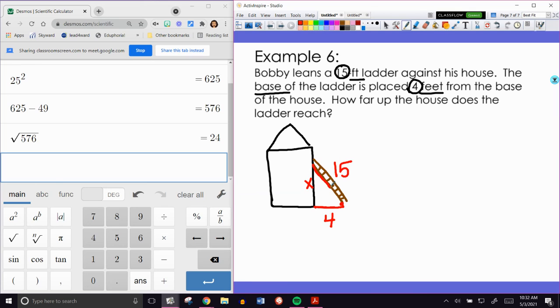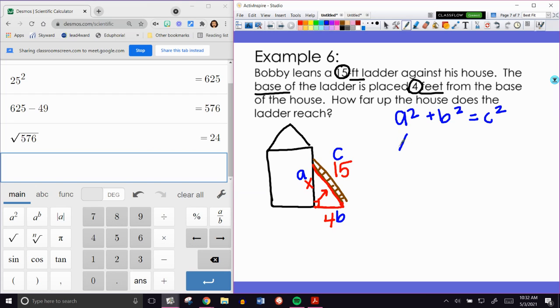So in my picture, I can see my right triangle. So my arrow points to my C, and I can decide on my legs. So I'll say that A will be X and B will be 4. So A squared plus B squared equals C squared.